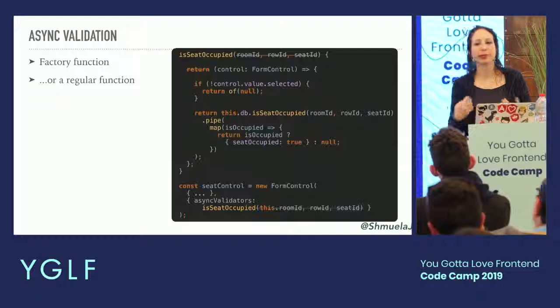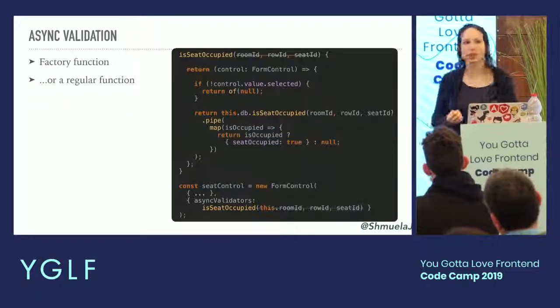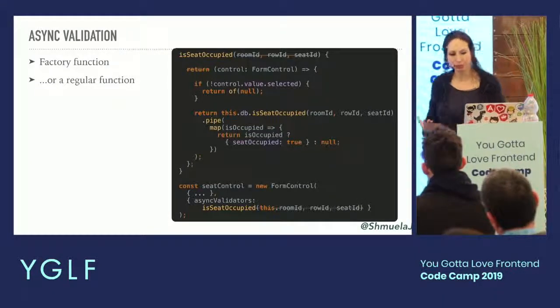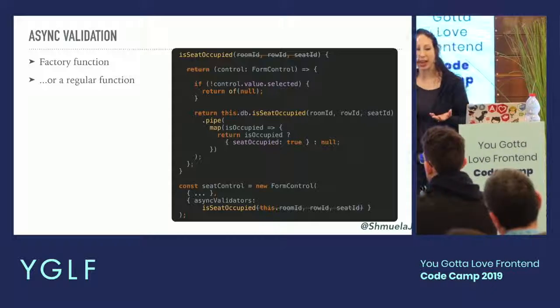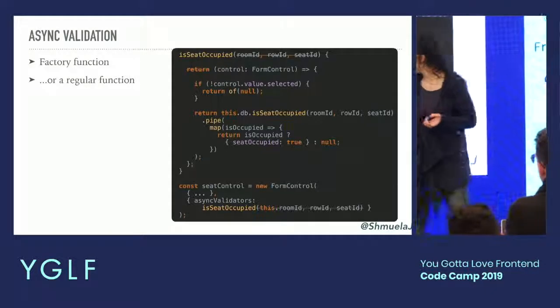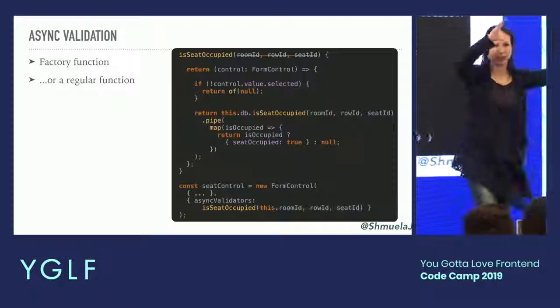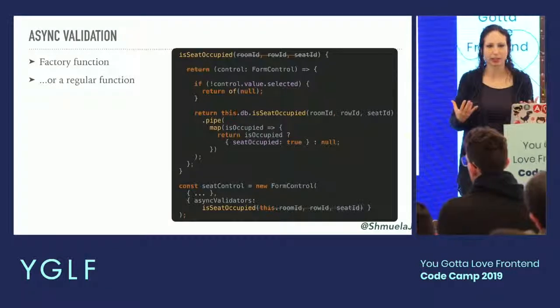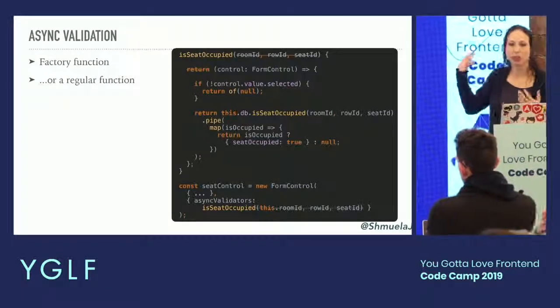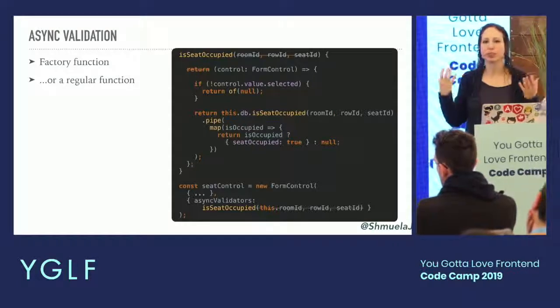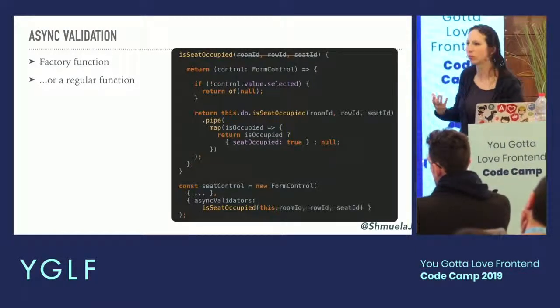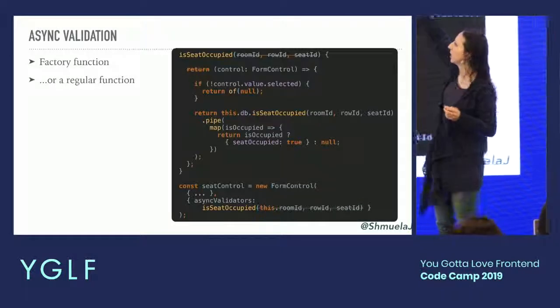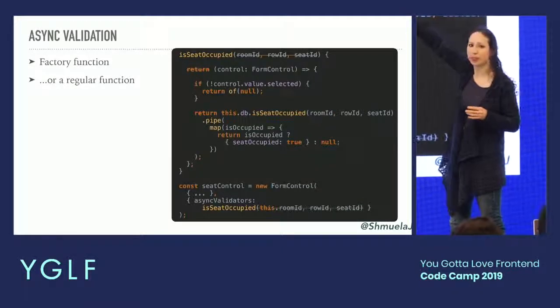So maybe we can use a regular function. How can we do that with observables? Well, we already have the row ID and seat ID, and we have the room ID in our service. So maybe we can utilize that. And how it would look is just a regular validation function without the factory function.